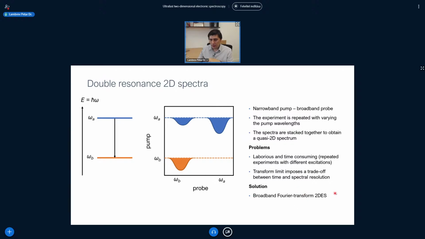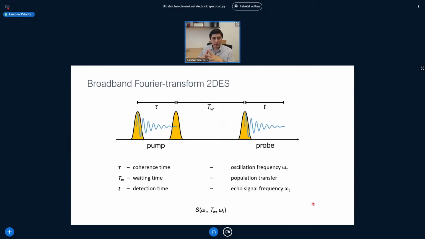The solution is broadband Fourier transform two-dimensional spectroscopy, or this is the real two-dimensional spectroscopy, what people usually mean. And again, the essence is in the name. Instead of narrowband pump pulses, you use broadband pump pulses, and you measure the signal in time domain, and then you do Fourier transform to get to the frequency domain.